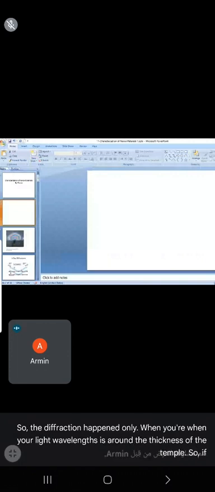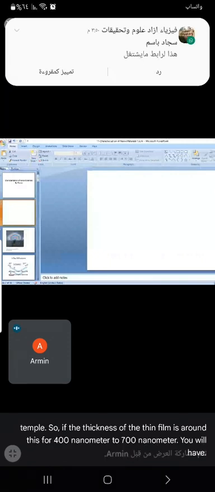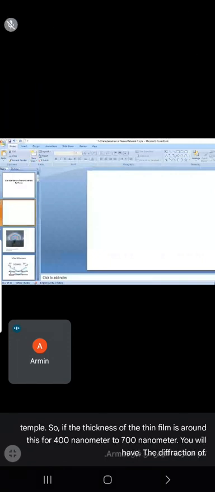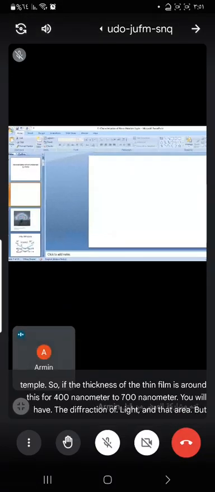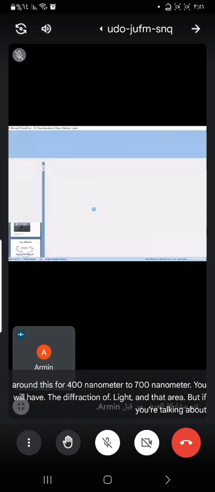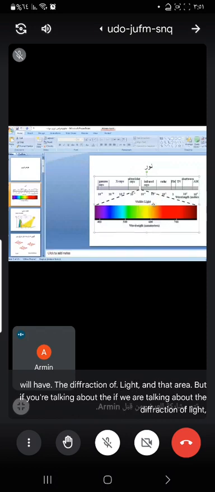So if the thickness of the thin film is around 400 nanometer to 700 nanometer, you will have the diffraction of light in that area.